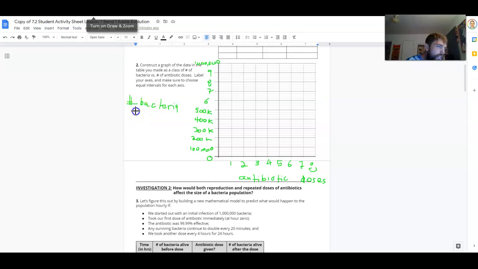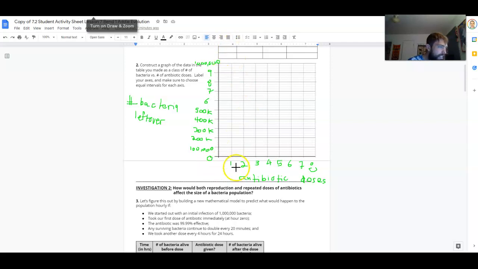And I kind of abbreviated it. You can write the full numbers, but we started off with 1,000,000, and we want to make sure that these are evenly spaced out. We know we're going from 1,000,000 to 0, and there's 10 intervals, right? So we would spread it by 100,000, 200,000, 300,000, 400,000, 500,000, 600,000, 7, 8, 9, all the way to 1,000,000.